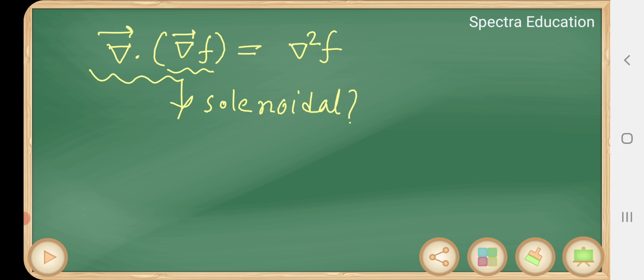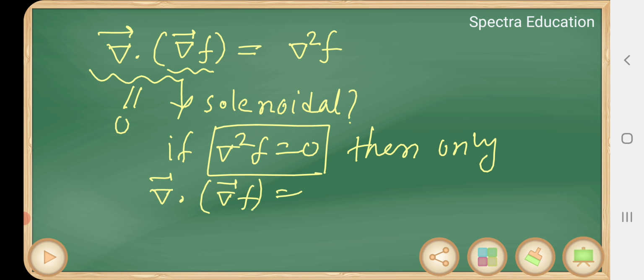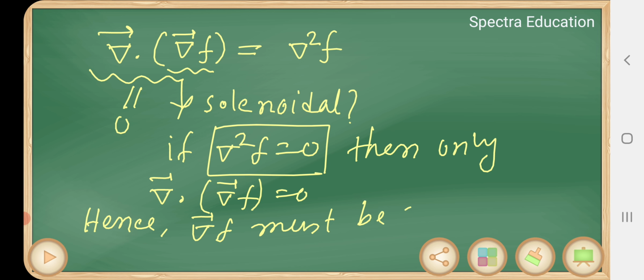If the divergence of this thing is 0, that means if grad square f is equal to 0, then only the divergence of gradient of f is 0. Hence gradient of f must be a solenoidal vector field.